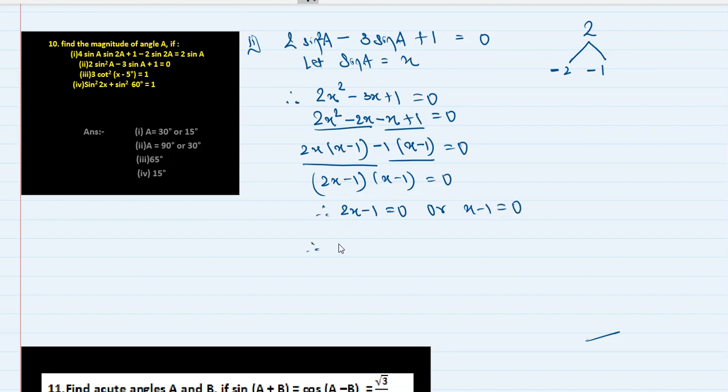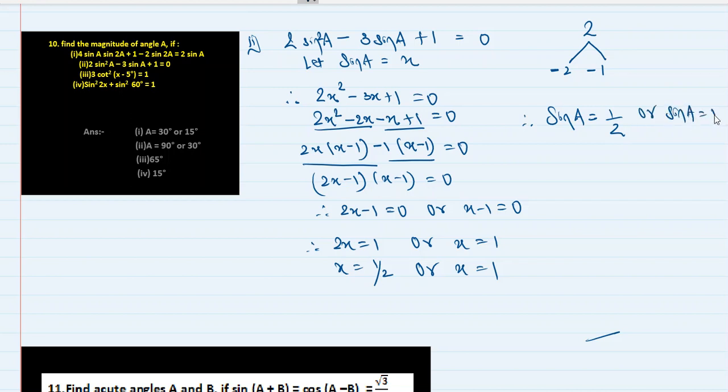Therefore 2x is equal to 1 or x is equal to 1. So x is equal to 1 by 2 or x is equal to 1. So what is x? x is sine A. Let's solve this further. Sine A is equal to 1 by 2 or sine A is equal to 1.